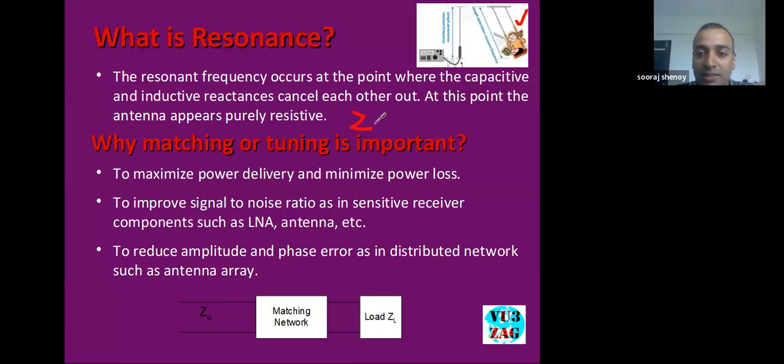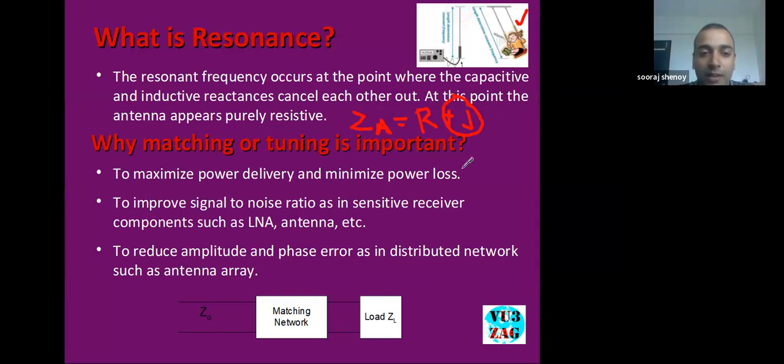We can represent it as Z antenna equals the resistive impedance R plus jX, where jX is the reactance, either capacitive or inductive. At resonance this factor cancels out and what is left is only resistive.